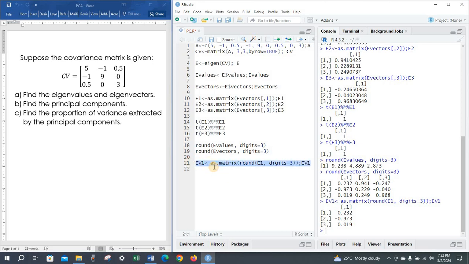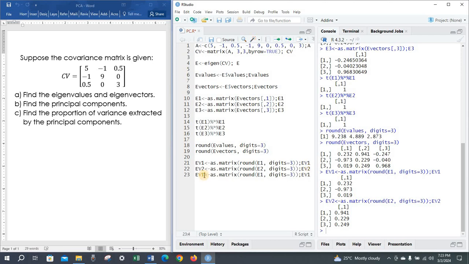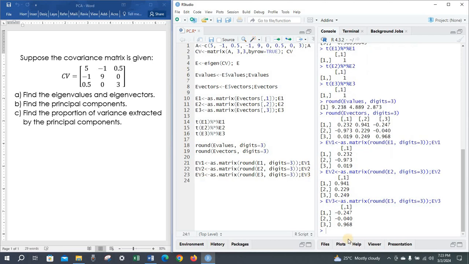Also, you can round the next 2 eigenvectors. See, all these are rounded to 3 decimal places.